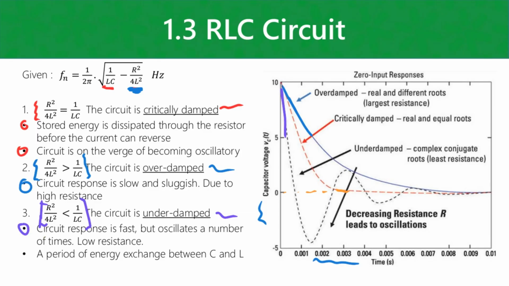Typically, an underdamped system will have a very quick response, and you will have a little bit of oscillation occurring as well. Because the resistance is quite low, it results in oscillations, so you're going to have a period of energy exchange between the capacitor and the inductor.